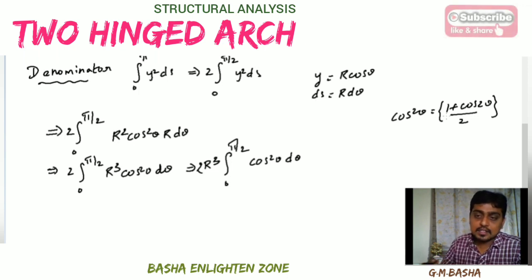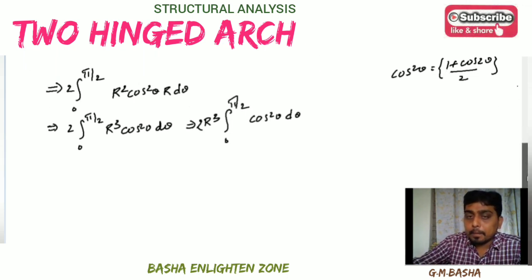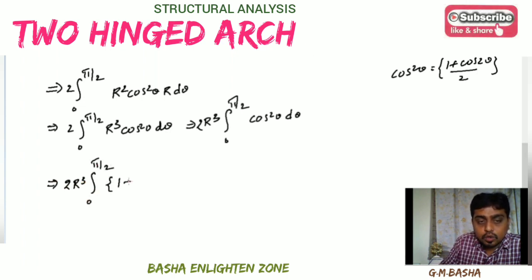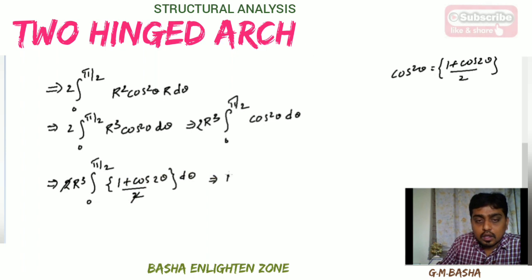So I am considering like this here: 2 r cube integral of 0 to pi by 2 into 1 plus cos 2 theta by 2 d theta. Okay, again here I am sending 2 outside and cancelling this one. Then you will get directly r cube into 0 to pi by 2 1 plus cos 2 theta d theta.